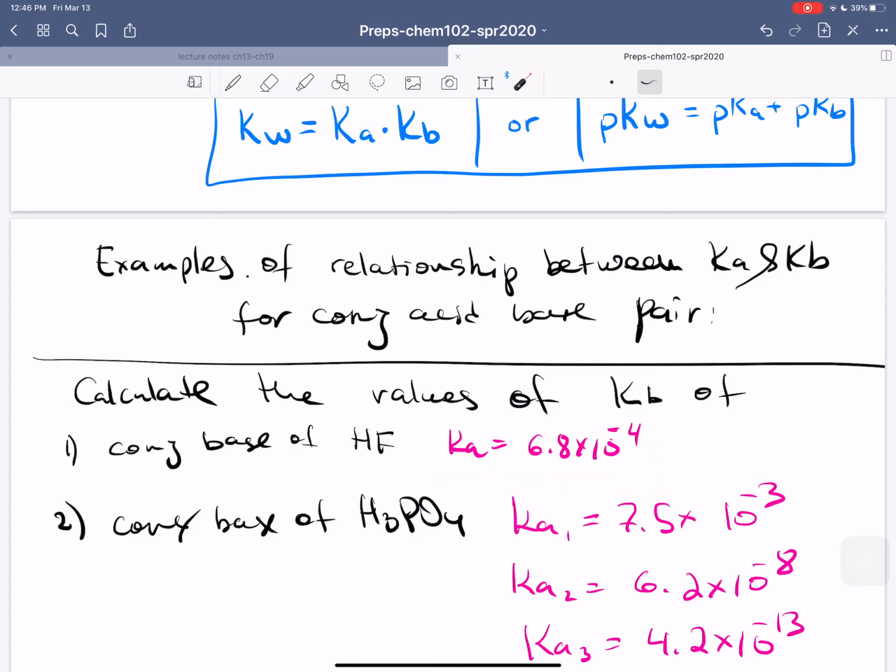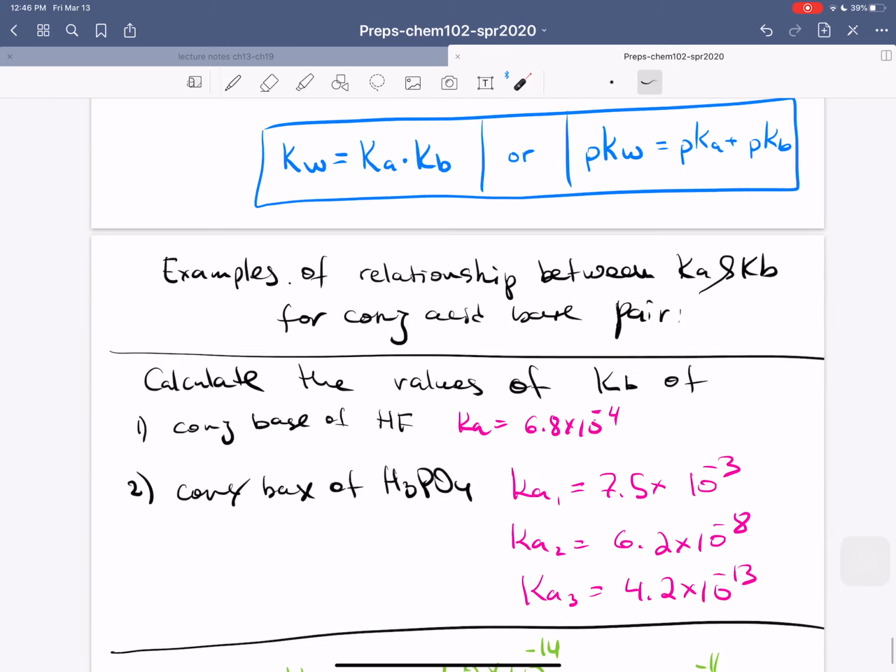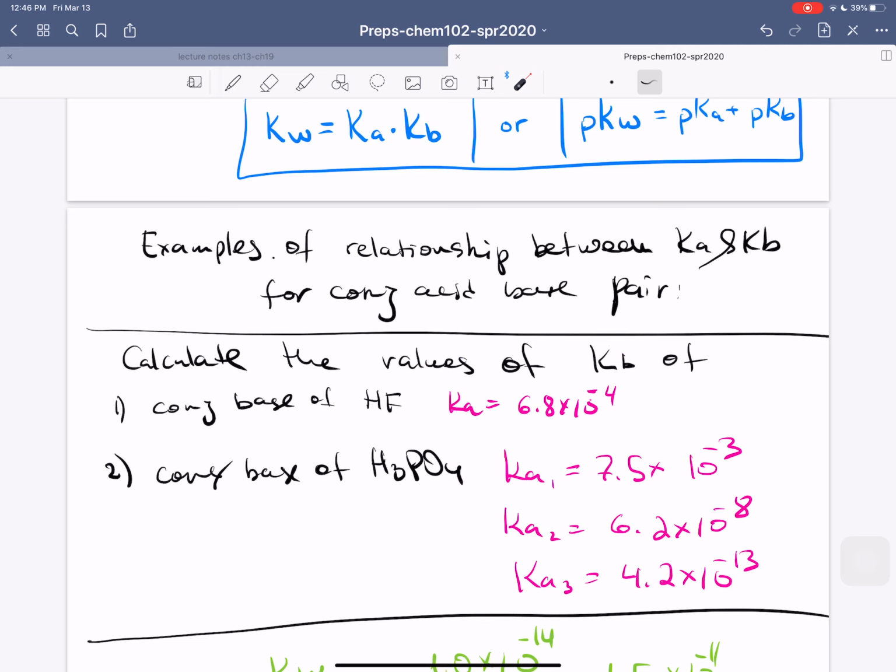And we have an additional weak acid, that is phosphoric acid. Phosphoric acid has 3 ionizable protons, so it's a polyprotic acid. And if it's a polyprotic acid, the donation of the first proton will be described by Ka1, the second proton by Ka2, and the third proton by Ka3. So then we are asked to calculate the values of the Kb of the conjugate bases of these two acids.